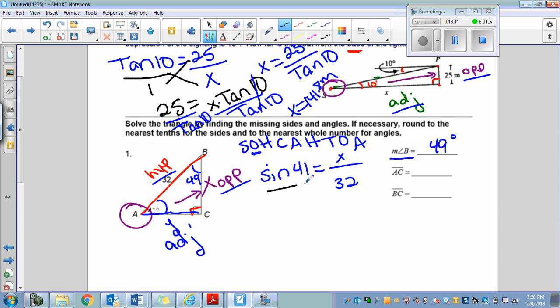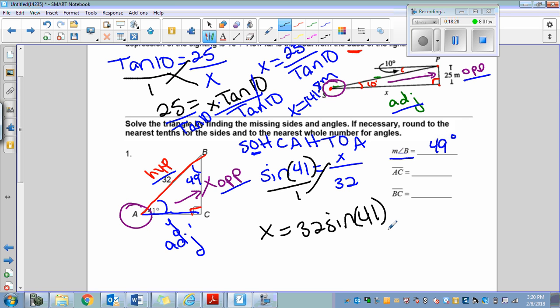Remember, we're going to always divide it by 1. 1 times X is X. Sine of 41 times 32 is just 32 sine of 41. You can never multiply the 41 times 32. It is not sine times 41, it's sine of 41.